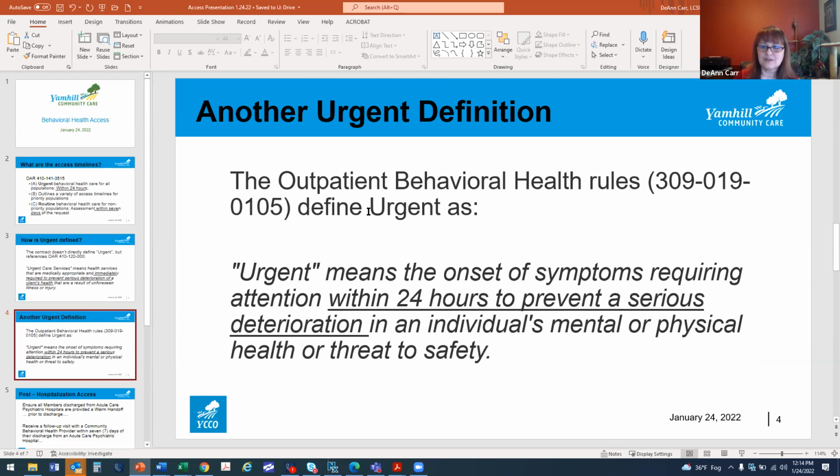There's an onset of symptoms that's requiring attention within 24 hours to prevent a serious deterioration. And that really anchors how we figure out, is this urgent? And really making those decisions about, well, is it okay to schedule something within 7 days, or do we really need to make sure that we are responding quickly so that 48 hours from now, this person isn't in the ER or another adverse outcome.